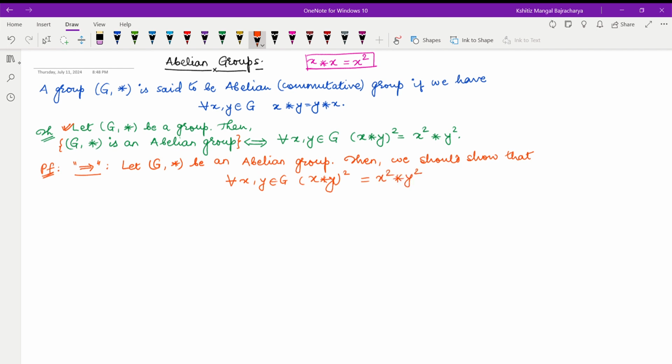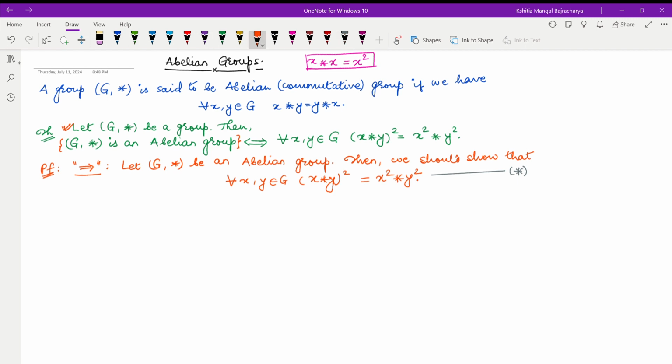In order to prove this statement, we're going to consider two arbitrary elements.